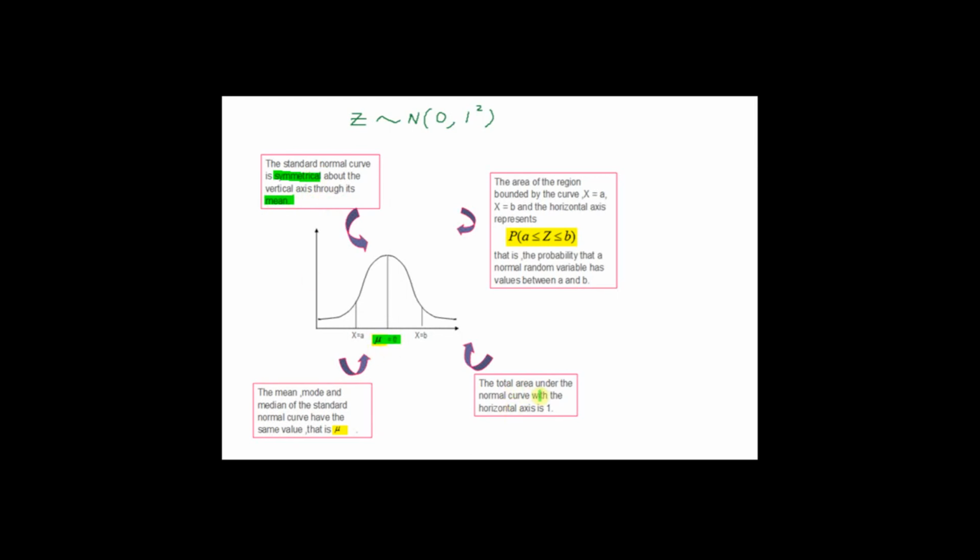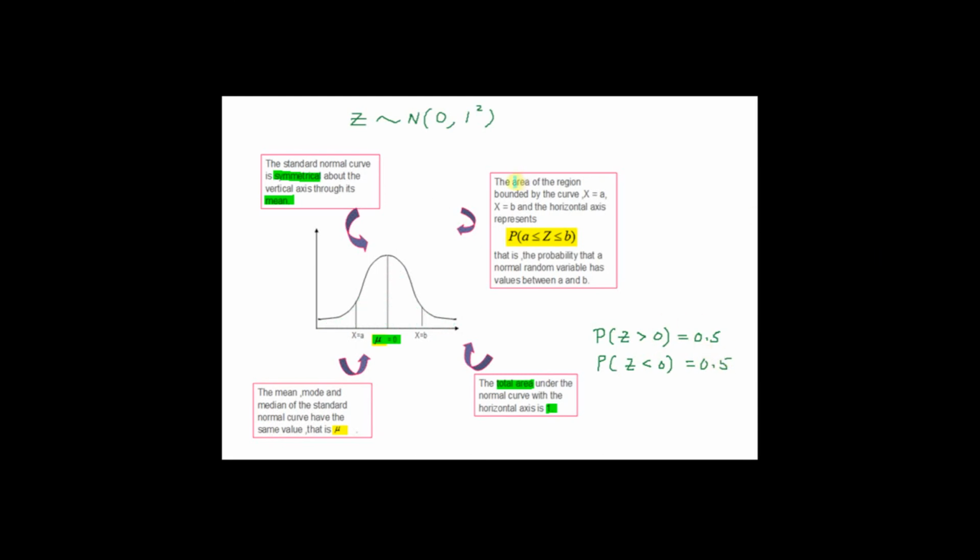The total area under the normal curve equals 1. Since the total area equals 1 and the curve is symmetrical about the mean, the probability of Z more than 0 is equal to 0.5, half of 1, and the probability of Z less than 0 is equal to 0.5 as well.